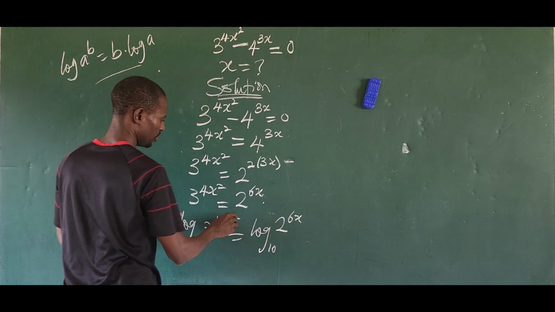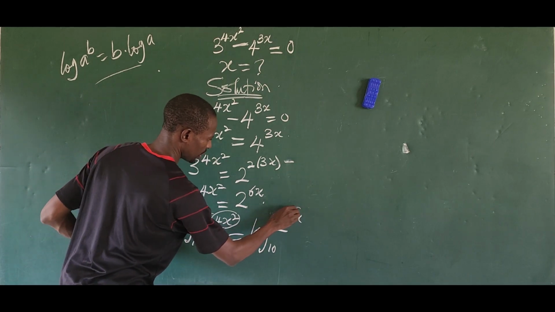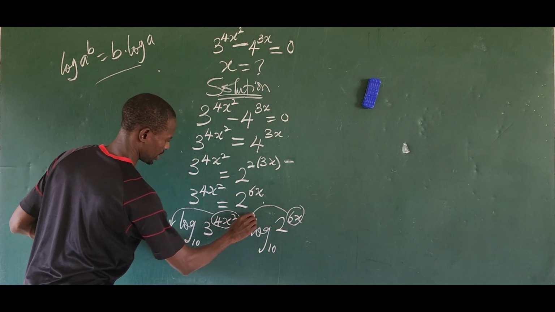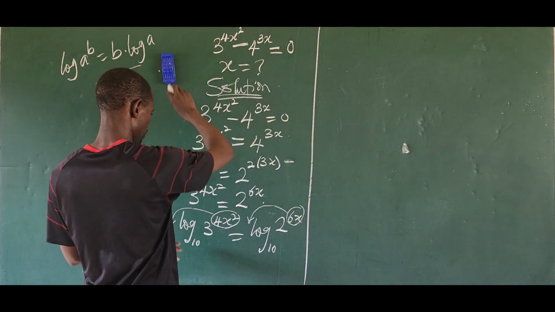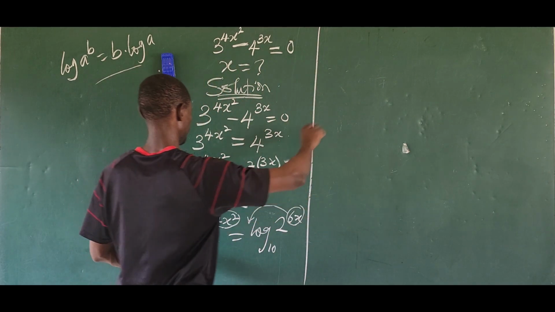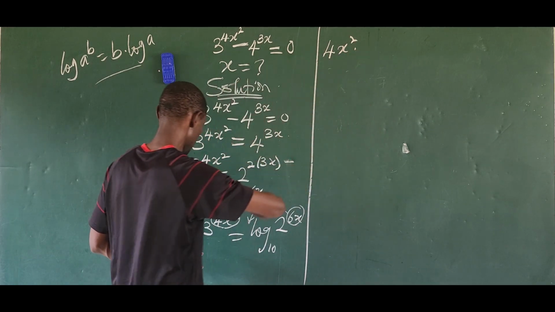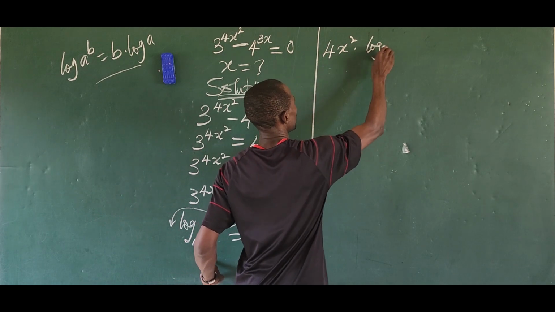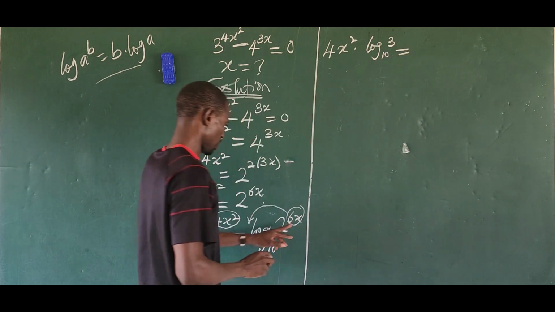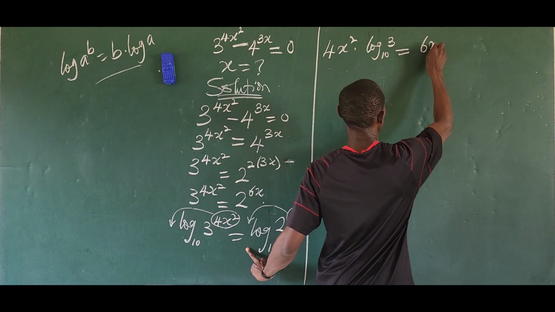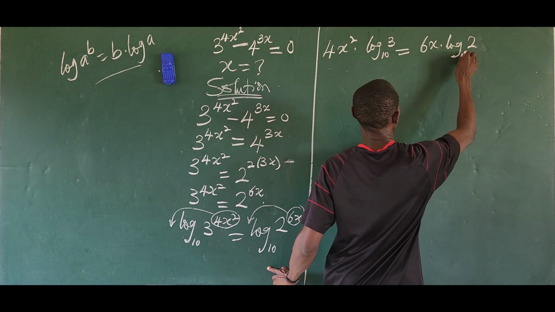So we can move these exponents to this side, and these to this side. If we do that, our expression becomes 4x² times log 3 base 10 equal to, we do the same thing here, 6x times log 2 base 10.